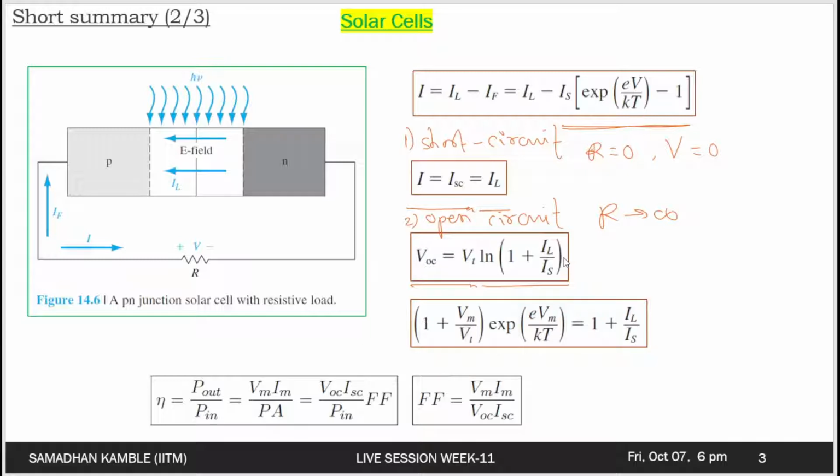Also, the load voltage, that is Vm, corresponds to the maximum power delivered. Maximum power will be delivered when dP by dV is essentially zero, and that is given by this particular relation. I am just summarizing a few relations here. Also, one important quantity is the conversion efficiency of a solar cell.